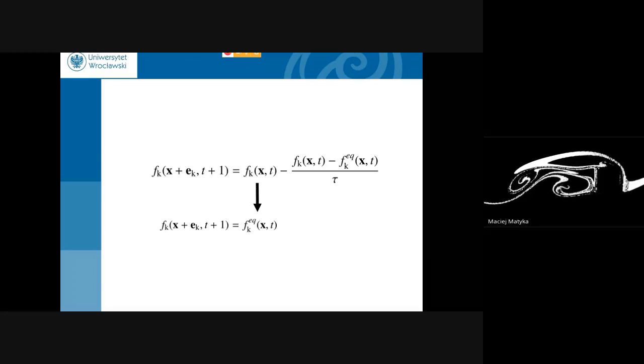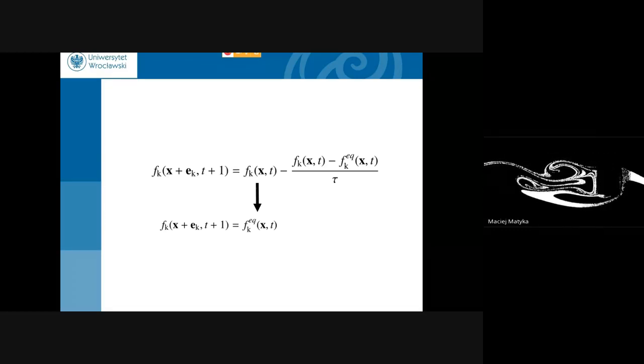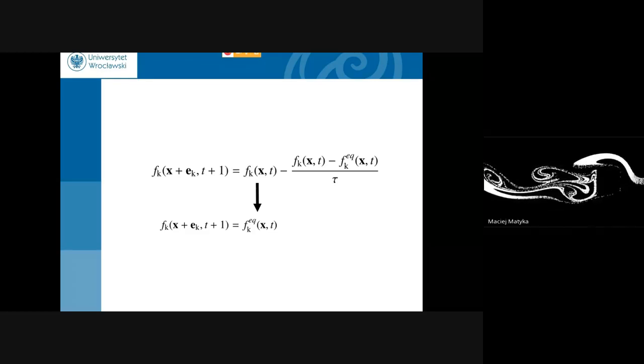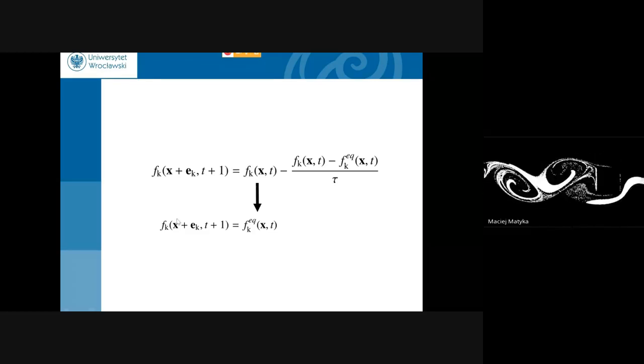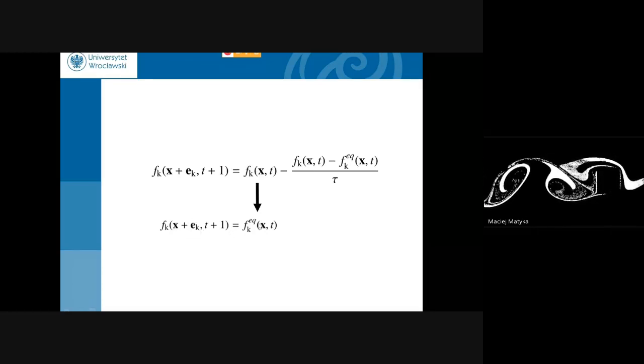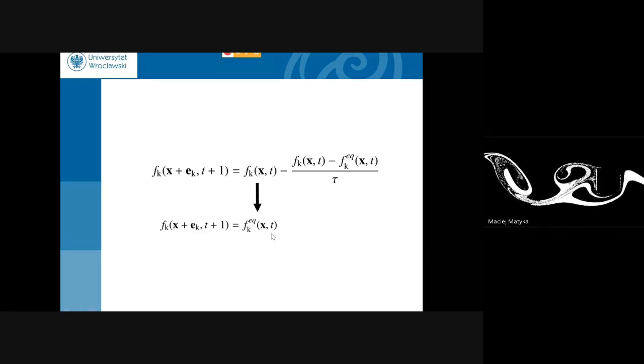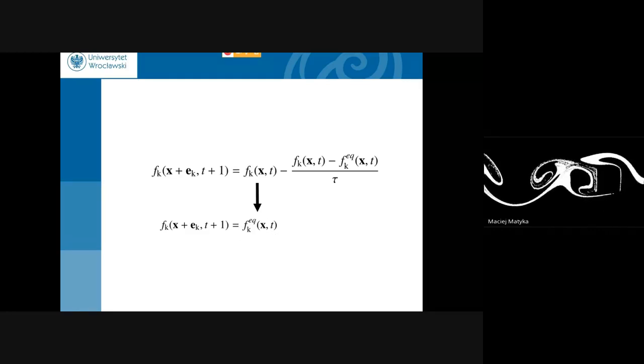So you have the evolution of the distribution function in time and space. And if you put tau equal to 1, you get this equation below. Our new distribution function just collects the distribution function in equilibrium from neighboring cells.